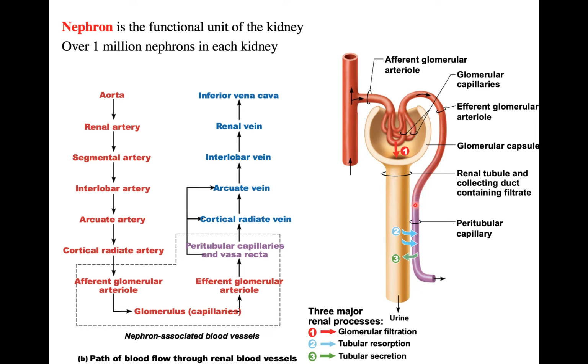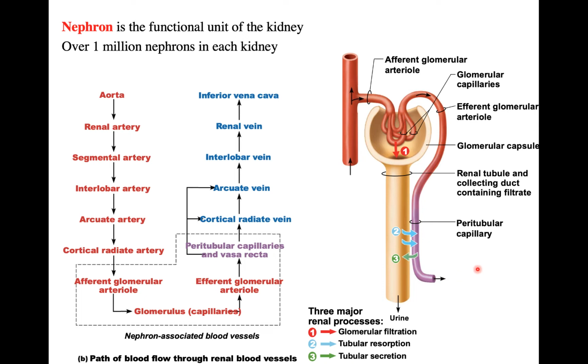And the efferent arteriole turns into a capillary bed that runs alongside this nephron tubule. So the nephron tubule and the capillary bed, the peritubular capillary, run side by side until the end, where you finally release out the garbage as urine, and at the end you take the rest of the blood that's in here into the cortical radiate vein to go back into circulation.